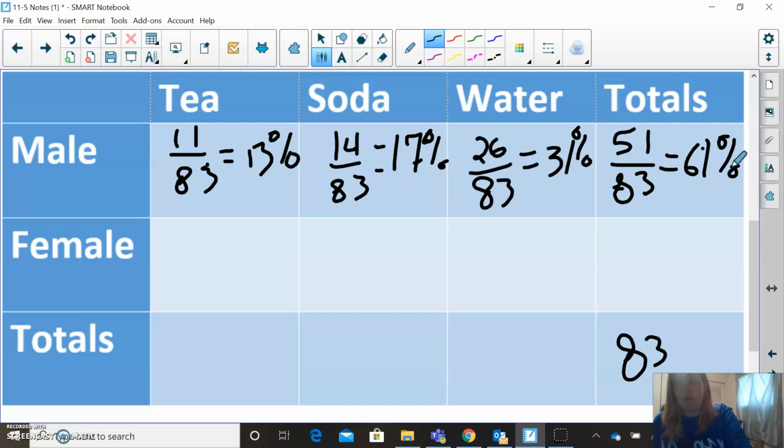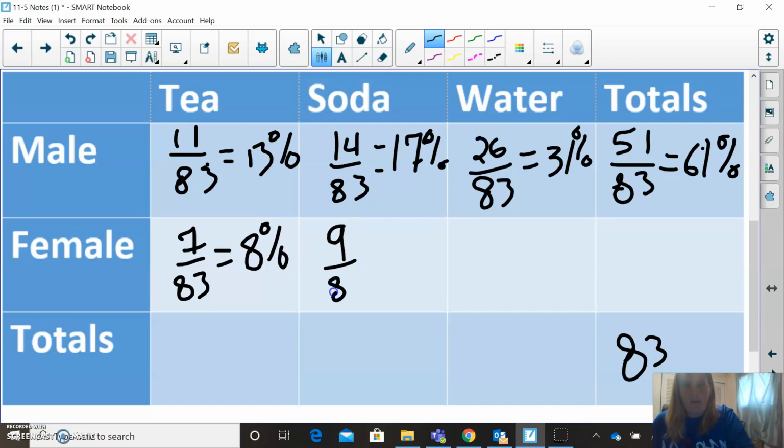So we're going to keep going with the females. We'll have 7 over 83 because we had 7 that chose tea, and 7 divided by 83 is 8%. Then we'll have 9 over 83 because that's how many chose soda, and that's 11%. Now for water, we had 16 over 83, and that is equal to 19%.